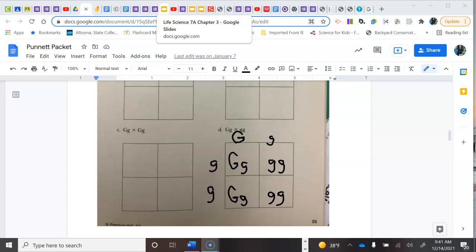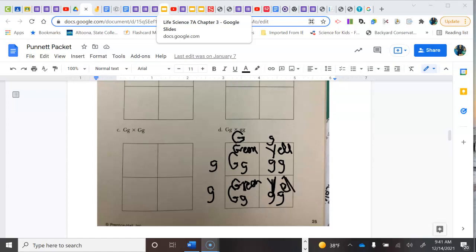So that is what we call our genotypes. So capital G, green, is dominant over yellow, so this one will be green. Here, I've got a yellow allele, I've got another yellow allele, so this one will be yellow. Here I've got a capital G, lowercase g, this one will be green. Lowercase g, lowercase g, this one will be yellow.